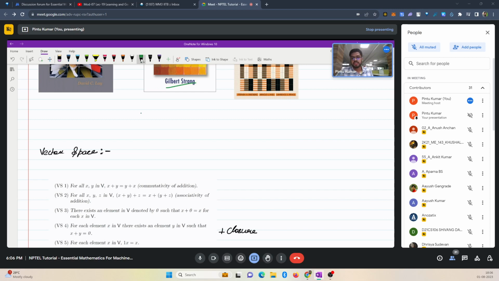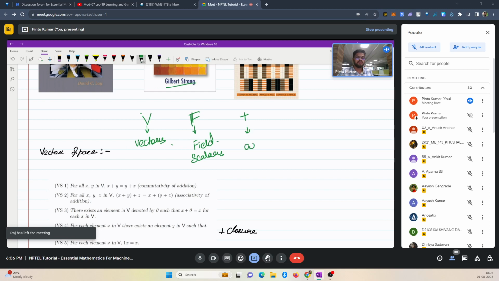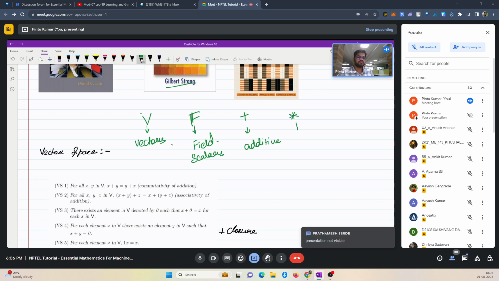First, you need a set called V, which is a set of vectors. Then you need a set called F, which is a field, or you can just imagine it as a set of scalars. Third is an additive operation. And the last one is your multiplicative operation.